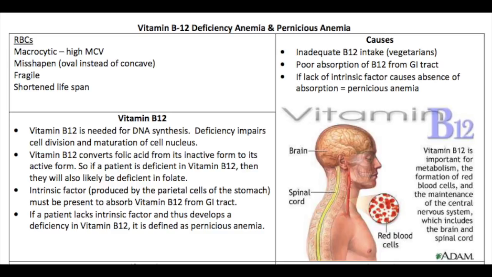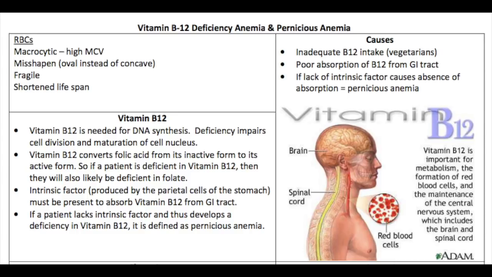If this works for you, I would suggest doing that for this, to help separate the anemias. But as far as your causes for B12 deficient anemia, you have either inadequate intake of your B12, so your diet is not rich with B12. It could be because you're vegetarian.